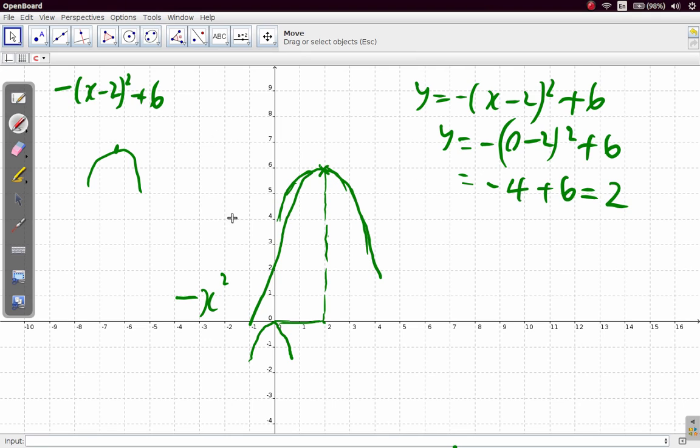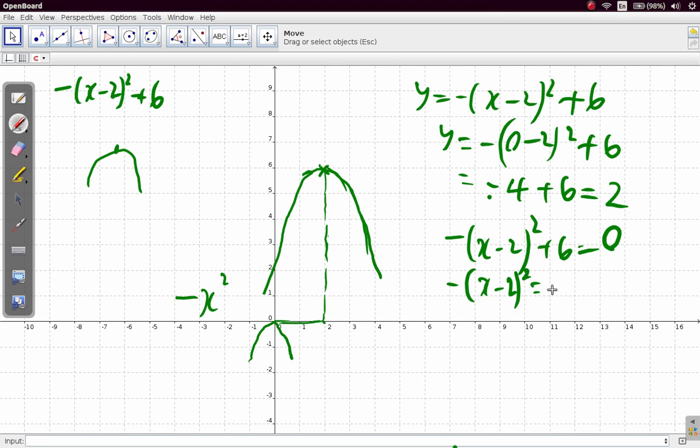What about the roots of the equation? Not ready to have the graph go down here as yet. What about the roots of the equation? The roots occur where the graph intersects the x-axis, and that means y equals 0. So negative x minus 2 squared plus 6 equals 0. Negative x minus 2 squared equals negative 6.